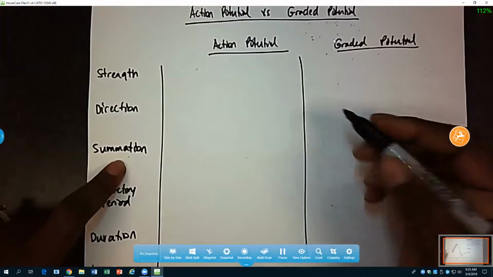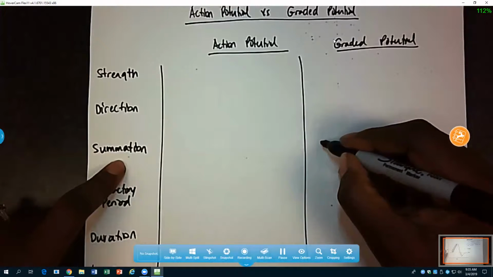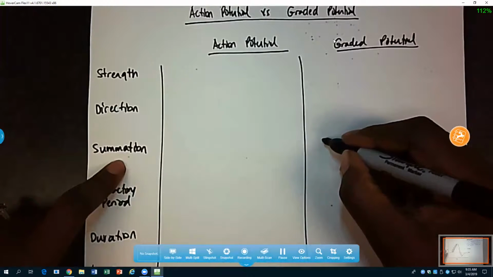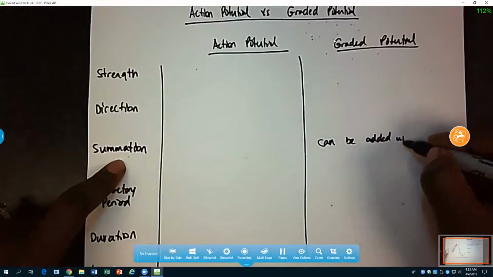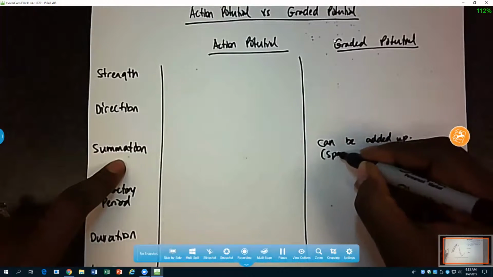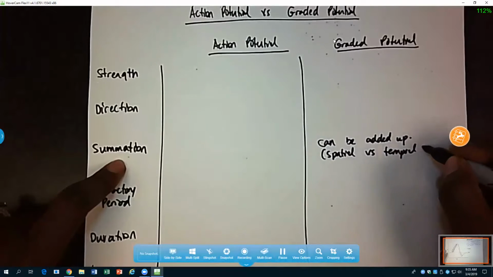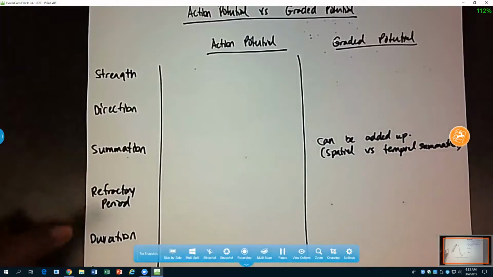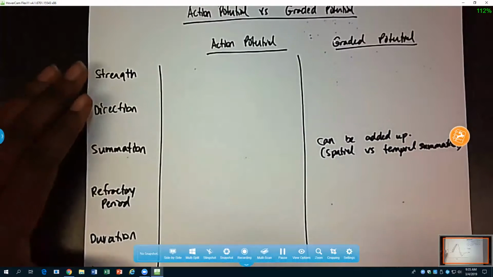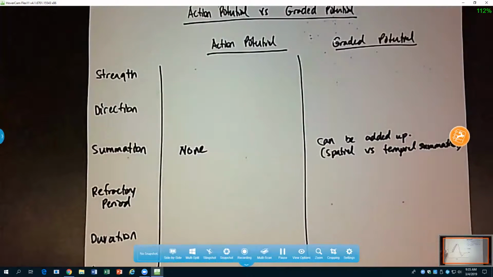So we'll say the graded potentials have the ability to sum, so they can be added. All right, and we talked about spatial versus temporal summation. Can action potentials be summed? No. So there's no ability for summation with the action potential.